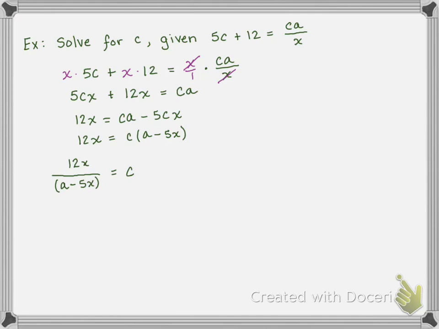One last little tip about these is that when I clear fractions, I always multiply the LCM by each term individually. But for some reason, with these particular problems, people like to say, I'm going to multiply by x here, and I'm going to multiply by x here, which is fine.